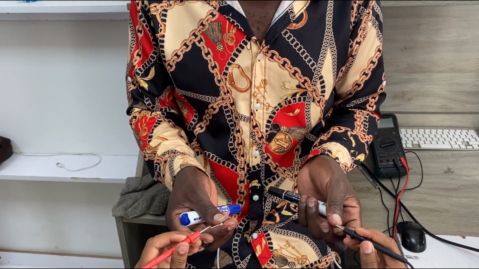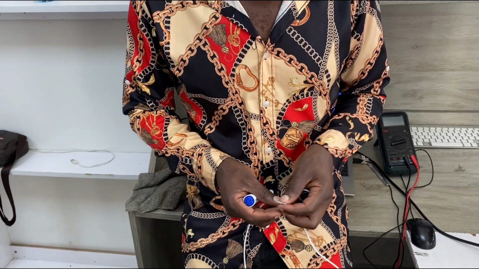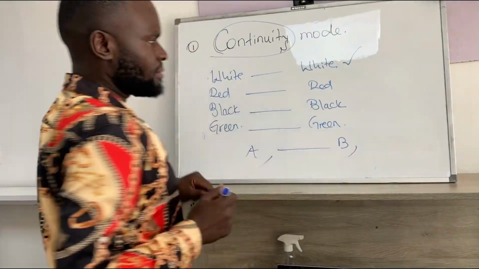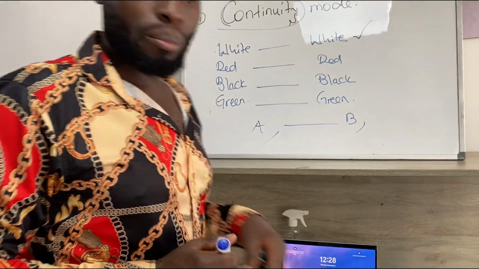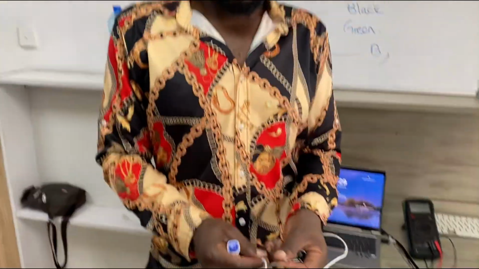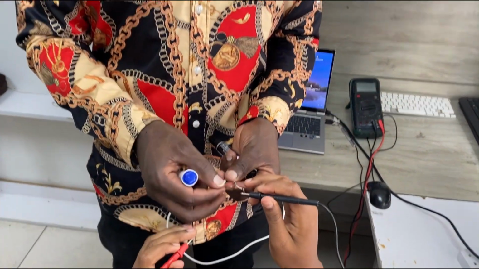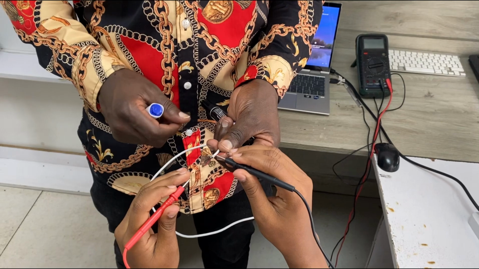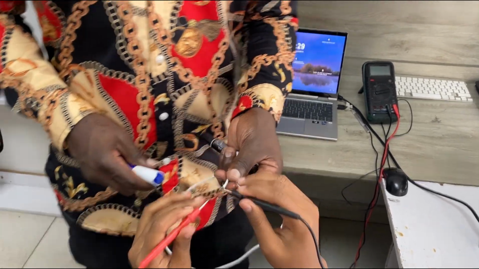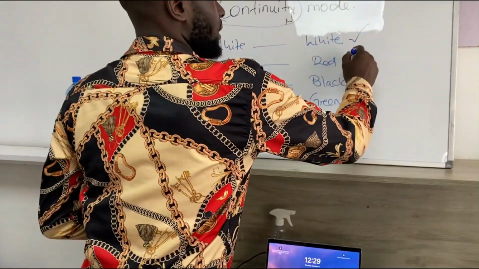We are getting a beep, okay? If you are getting a beep, that line is complete and there is continuity. Then we go to red, red. Independently, red, red. There is continuity, and that line is complete. We go to black, black.